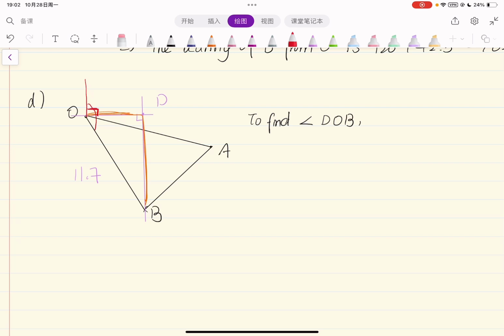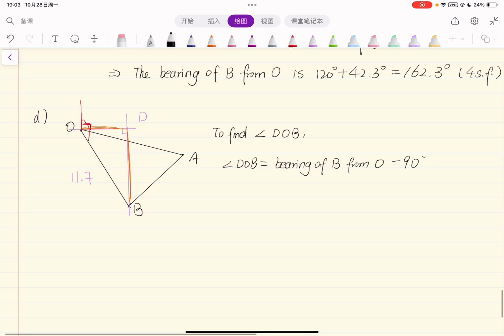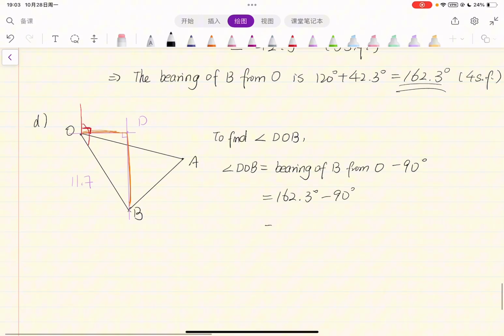So we can find the angle DOB by calculating that the angle DOB equals the bearing of B from O minus 90 degrees, which equals 162.3 degrees minus 90 degrees equals 72.3 degrees.